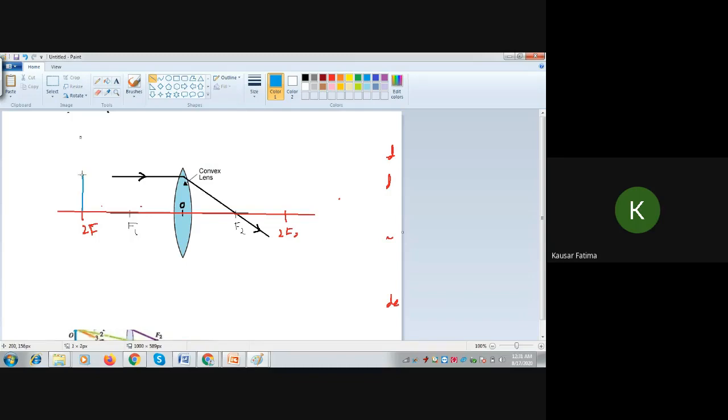So when the object is at 2f, how will the image form? One ray coming from the top of the object is going through f2 on the other side, and I have to elongate this ray.